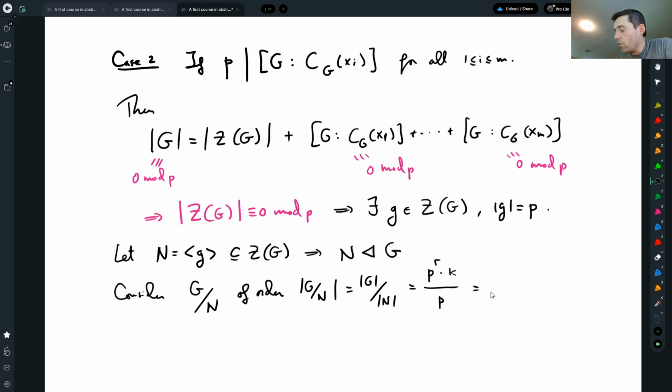So the quotient has order p to the r minus 1 times k. And therefore, the induction hypothesis applies to the quotient.